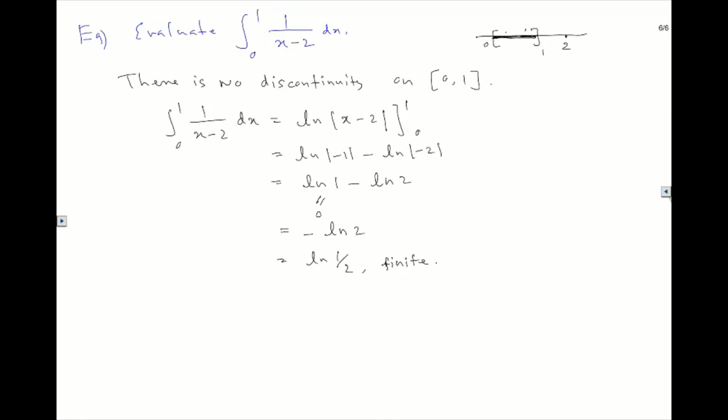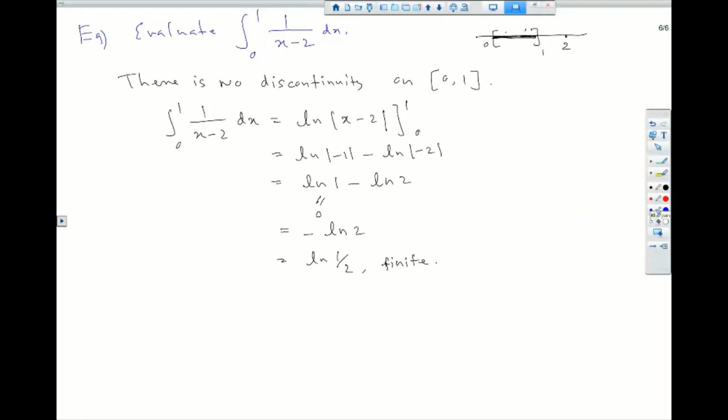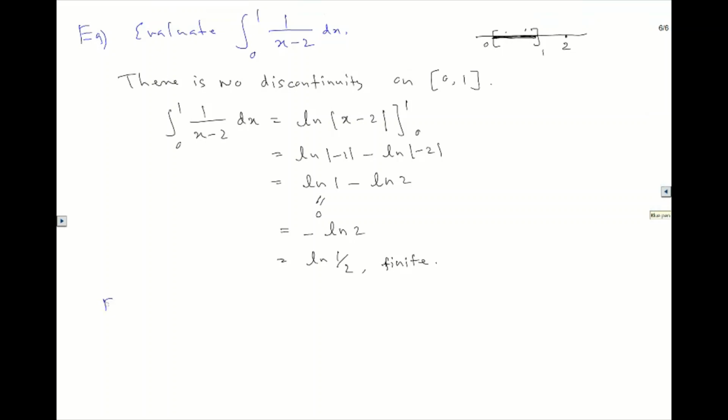Okay, so I'm going to give you a problem for you to try. So how about this one? Just an extra credit problem. Converge or diverge. Okay, converge or diverge.